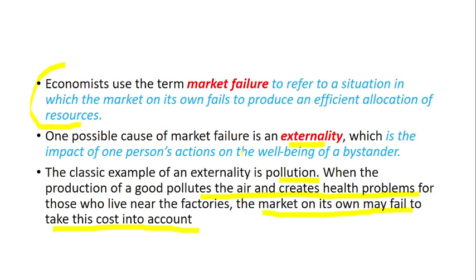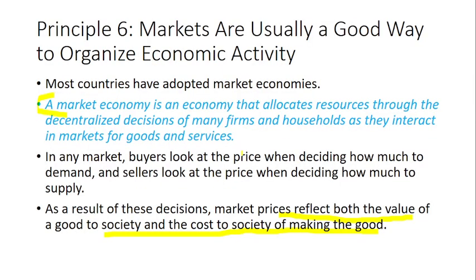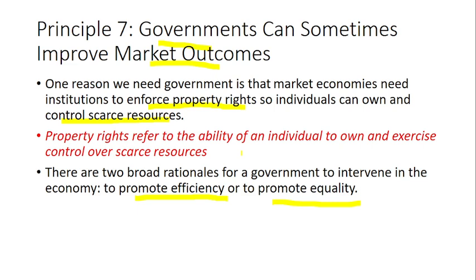That is why we again stress the point of principle number 6, that governments can sometimes improve market outcomes, because there are times when markets fail, and when markets fail, government can come and save the market, for which government must make certain types of legislations, laws, rules, etc., and that are very necessary in an economy, and that can be ensured only by the government.